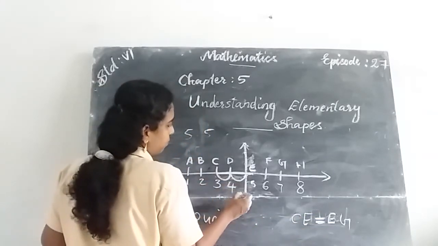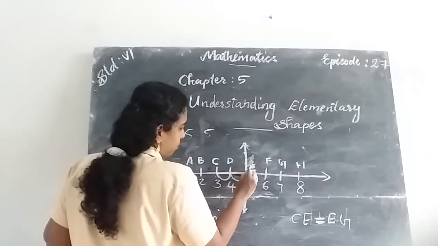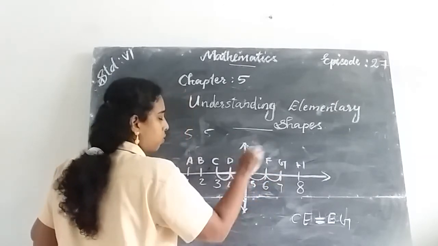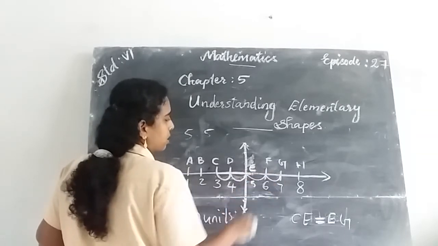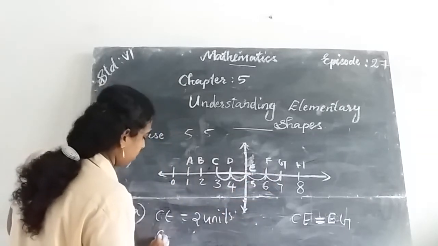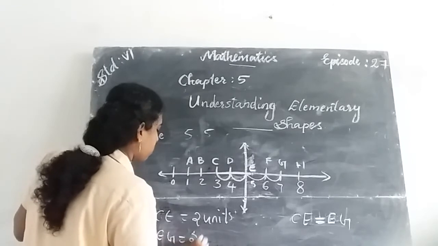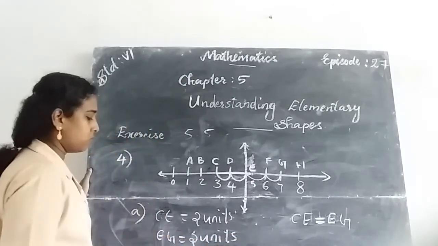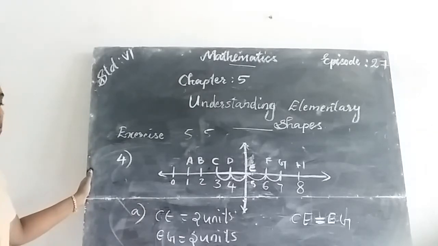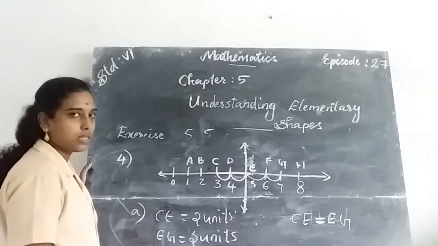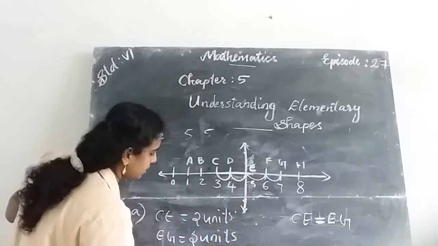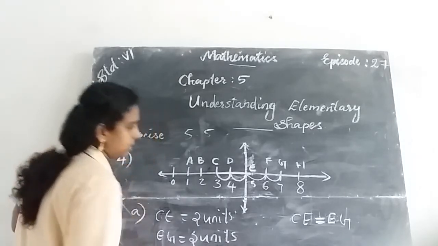For that we first take the units from C to E. First C to D 1, then D to E 1, 1 plus 1, we get CE is equal to 2 units. Then for EG we take the units from E to G. From E to F, 1, and F to G also 1. So 1 plus 1 we get 2 units. So EG is also 2 units. Which means CE is equal to EG is equal to 2 units. That means we can say that CE is equal to EG.